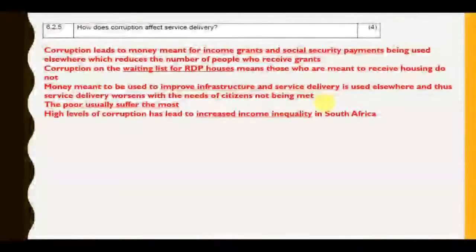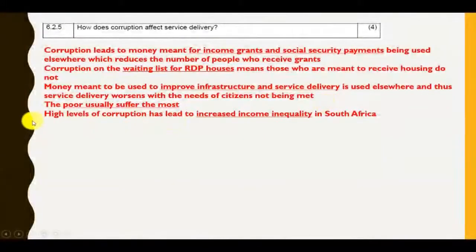Money is taken away from citizens who need basic services like water, electricity, housing, good roads, good social infrastructure like clinics and schools. That money doesn't go to where it's meant to go. So we have ineffective and inefficient service delivery, and therefore you have service delivery protests.